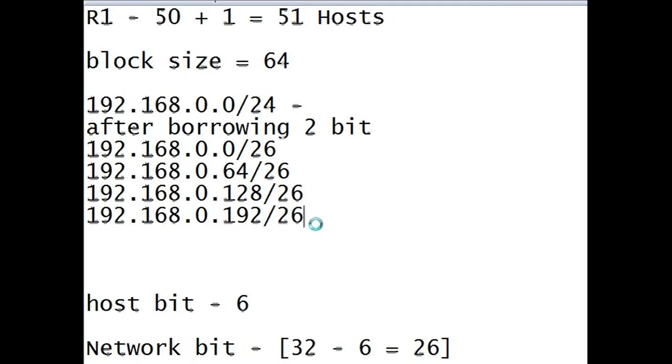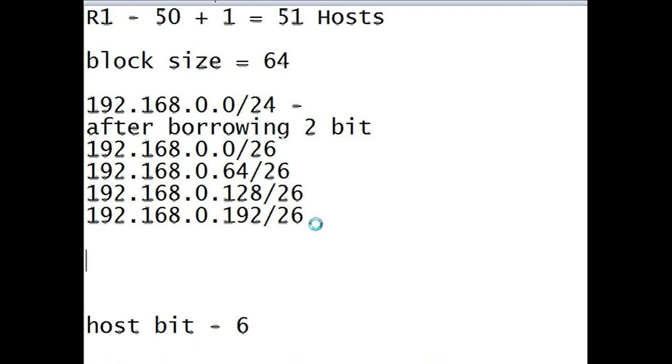In all those cases, the subnet mask will be 255.255.255.192. Why will this be the subnet mask?